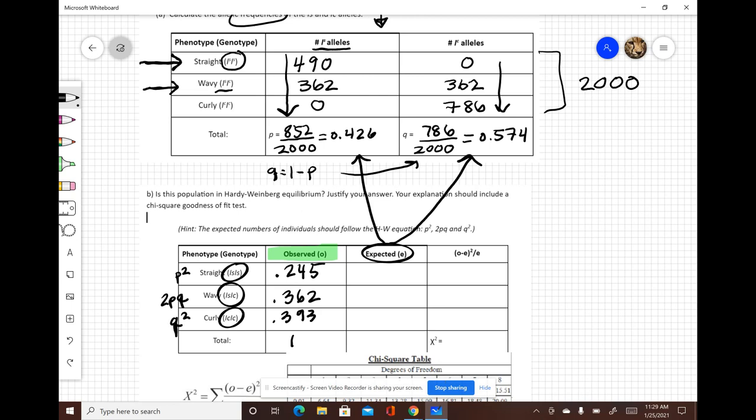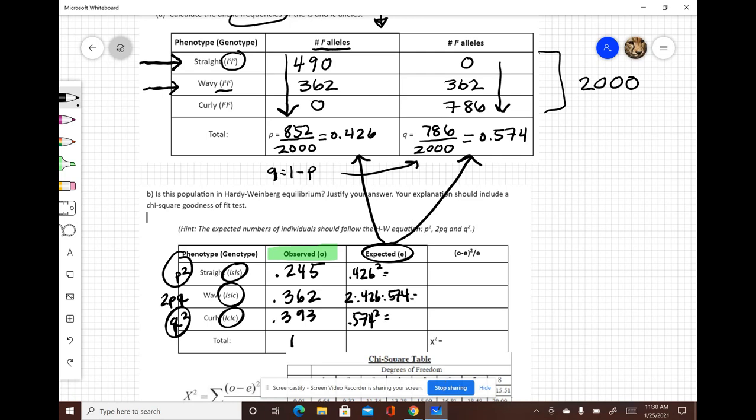So when I do that, I'm going to take my P squared, or take 0.426 and square it. And then when I solve for my wavy, I'm going to take 2 times my P and Q. Figure out what that's equal to, and then my other one is Q squared for curly, so I'm going to take 0.574 and then square that.